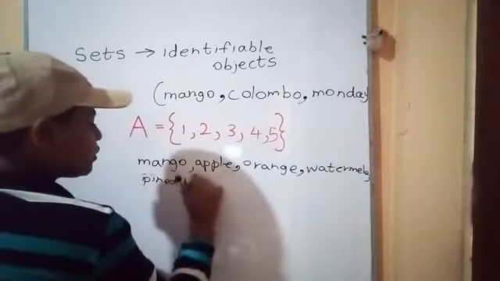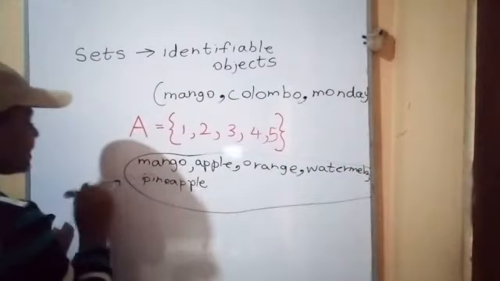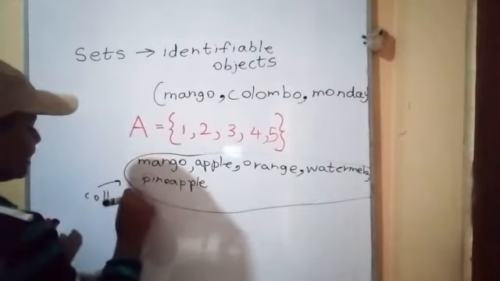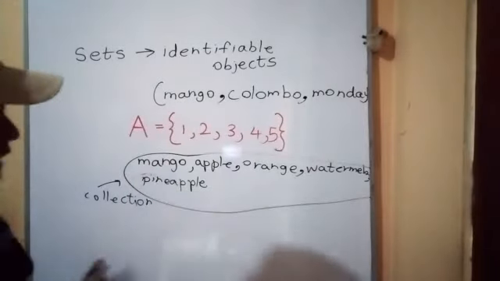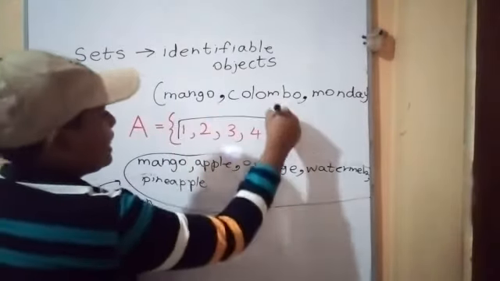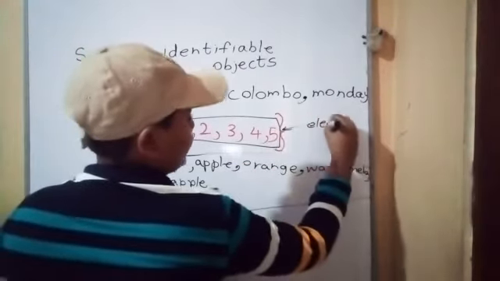This is called a group, a collection of objects. These are called elements of the set.